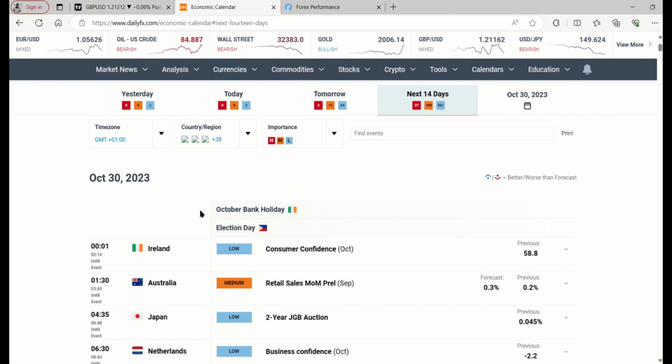So what are the events you need to pay attention to? Events like interest rate decisions. This is very important. These are high-impact events. They have a high impact on whatever currency they address.